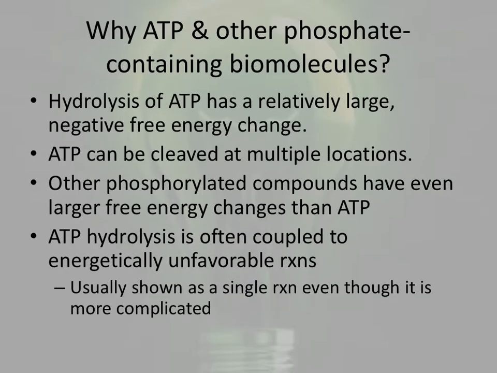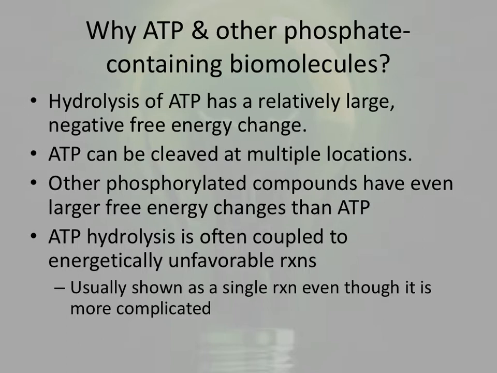Okay, so first off, hydrolysis of ATP, and many times these other phospho-containing groups, are going to have large negative free energy changes, so therefore they can give off a lot of energy. Because of that, you can couple it a lot of times to an energetically unfavorable reaction to make something overall favorable. In biochemistry, a lot of times I'll show this as a single reaction, but it's typically more complicated than that.